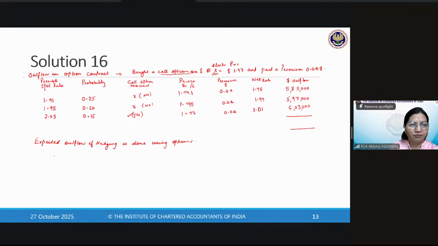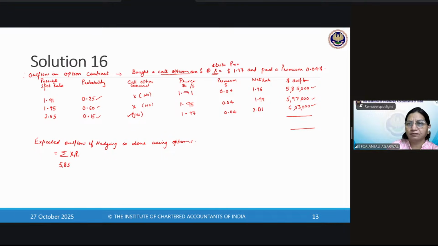So expected outflow would be summation XiPi. So these are your possible probabilities of outflow, and these are your outflows under the three scenarios.